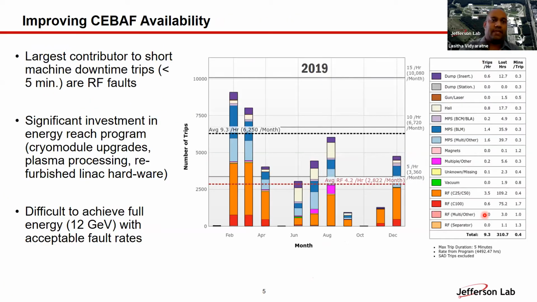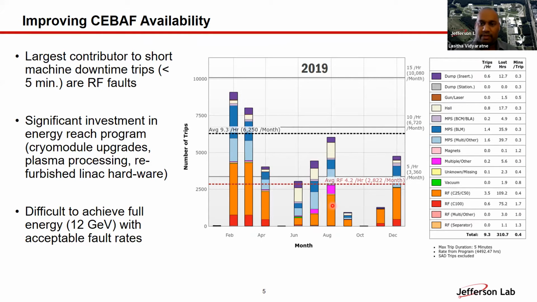So the issue that we're facing is in improving the CEBAF availability. Now, the largest contributor to CEBAF downtime trips are the radio frequency faults that occur in these superconducting radio frequency cavities. In fact, in this graph, we see that on average, we get about 4.2 RF-related faults from these cavities per hour.